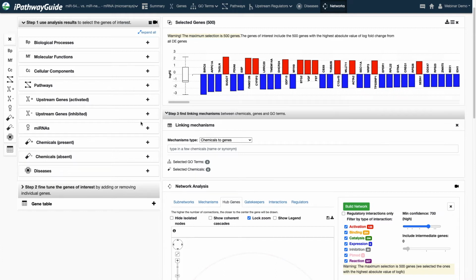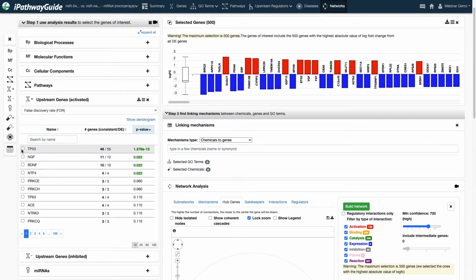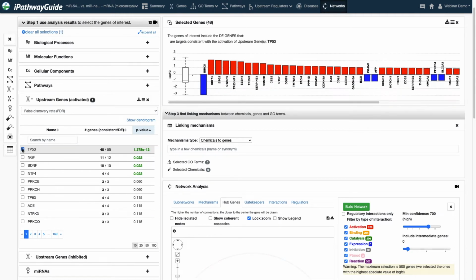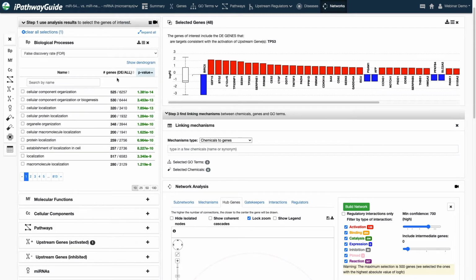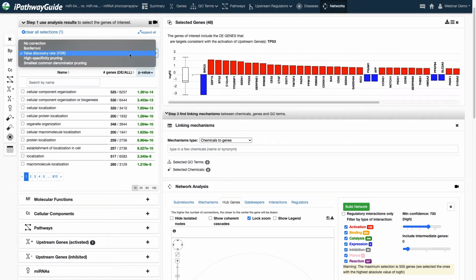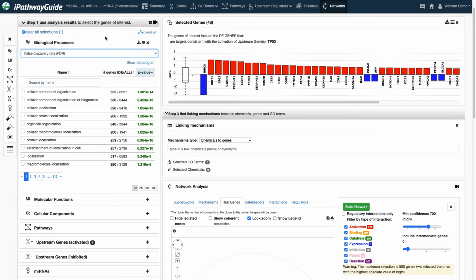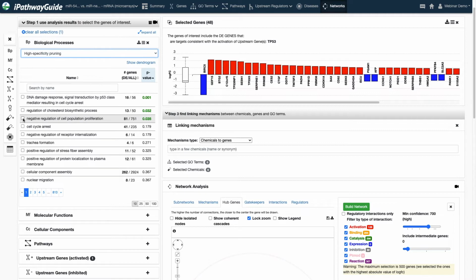So what if we look at the targets of TP53, since we know that it was activated, and ask, what do these have in common with our result about cell proliferation being inhibited? So we go to our biological process. I'm now in the biological process section, and I'm going to apply the high specificity pruning, and I'm going to select negative regulation of cell proliferation.